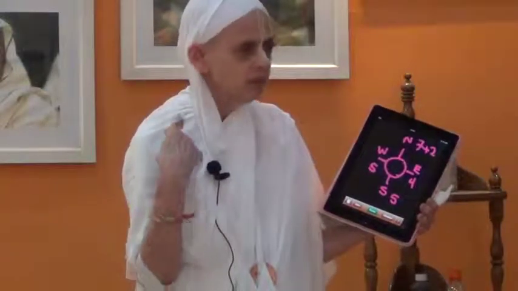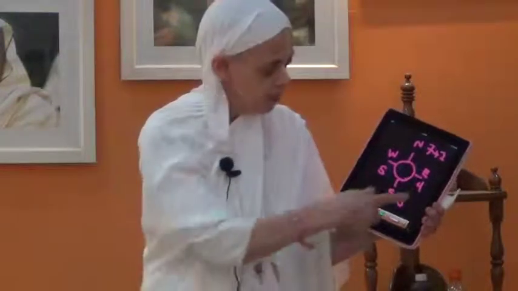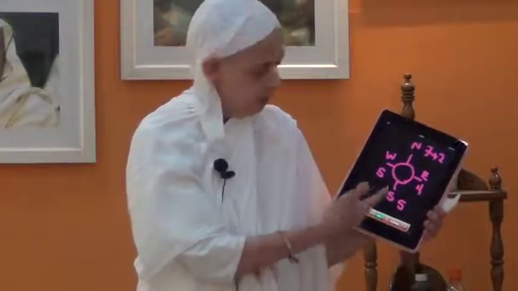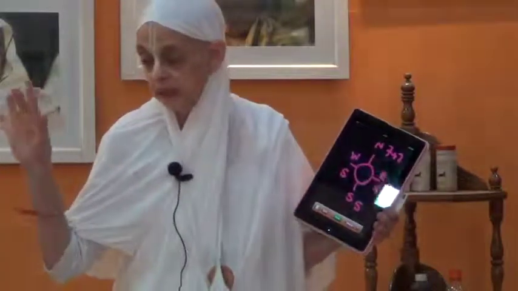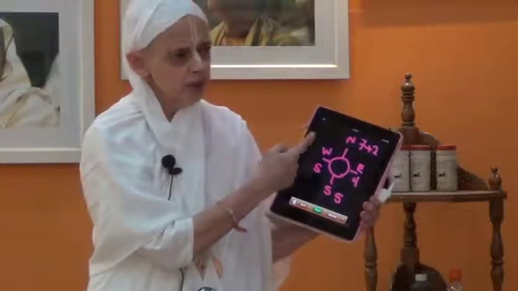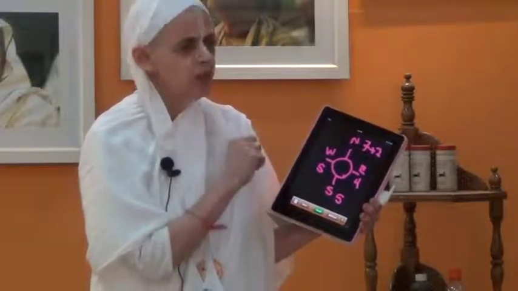Shanta, Dasya, Sakya, Vatsalya, and Madhurya. Those you know. I mean, most people here will know that. Okay? So again, these are the 4 divisions of bhakti, right? The southern one are the bhavs. The western one are the 5 principal primary relationships. And the northern direction are the 7 secondary relationships.